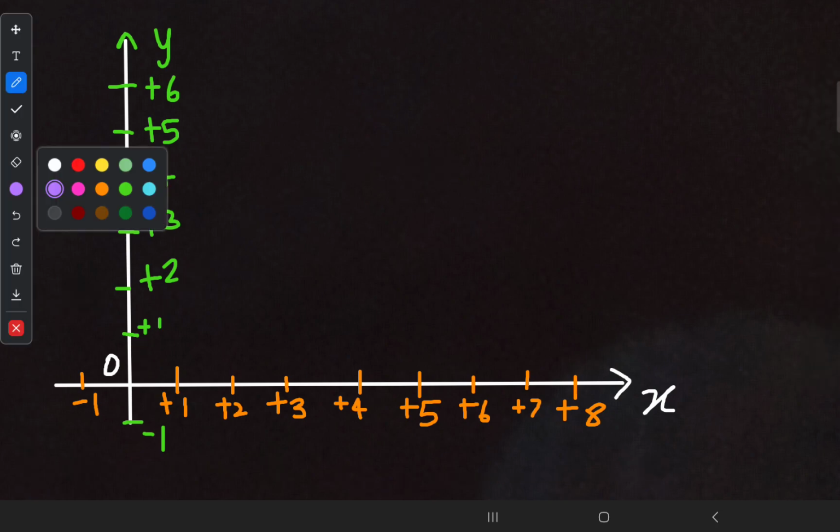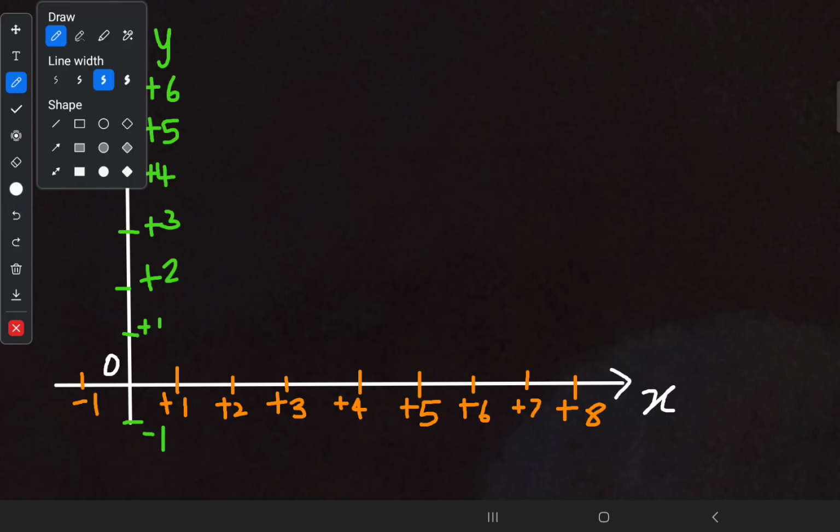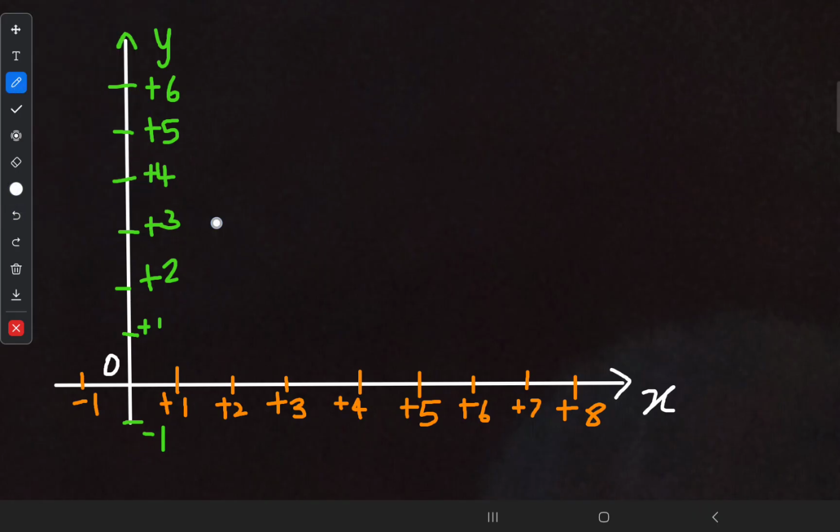Let's see. I'll mark some points and try to find their coordinates. A point is here. My first point is this one. The next point is this.